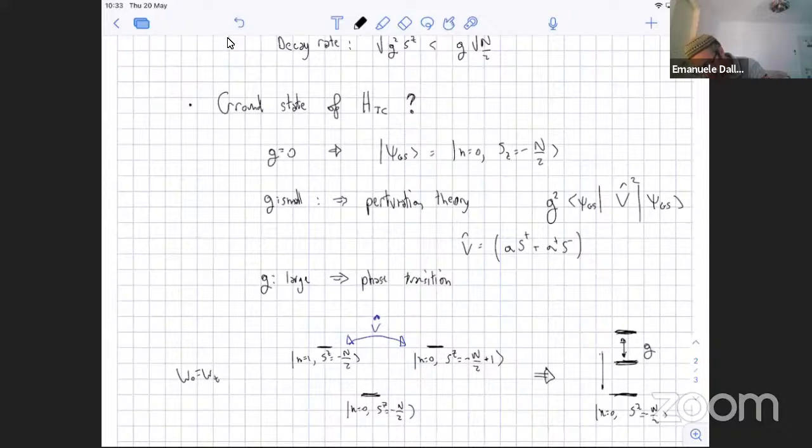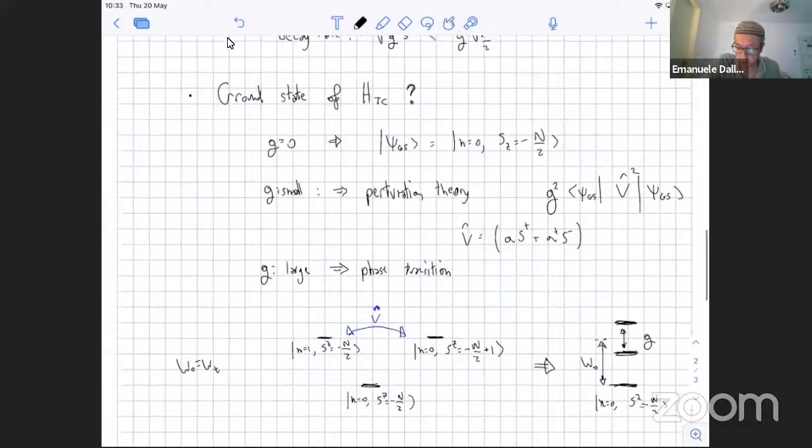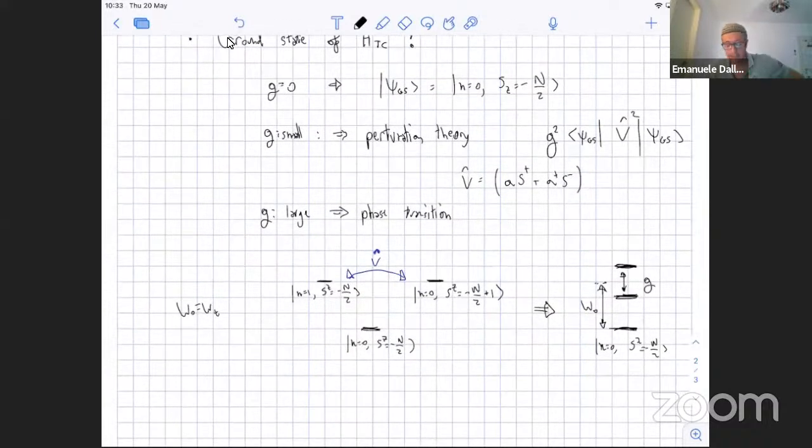So this is basically omega 0, the initial energy splitting. This is the splitting between the ground state and the two excited states, and G is the splitting between these two states. And so what is the nature of the phase transition? The phase transition will occur when G is large enough, essentially when G becomes larger than omega 0.